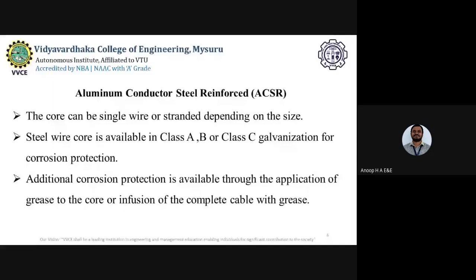Yes, you can talk. Manoj, Shivu. Sir, aluminum conductor reinforced. Steel? What do you mean by that?